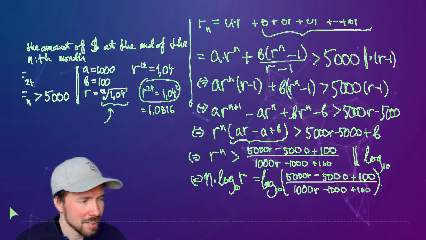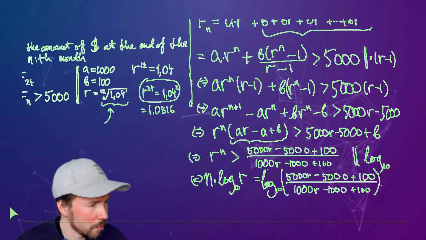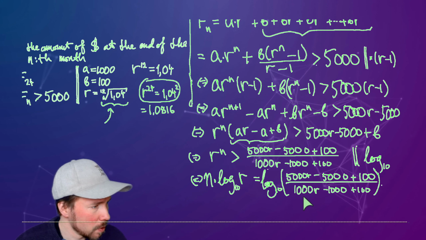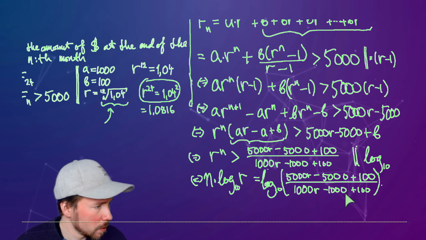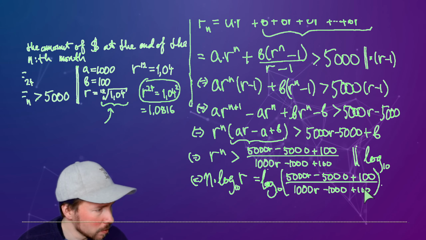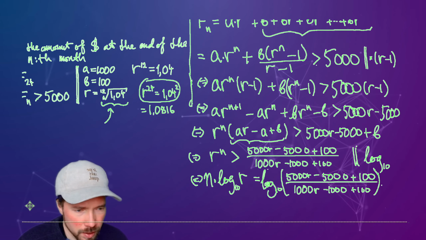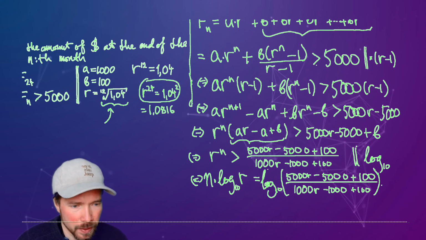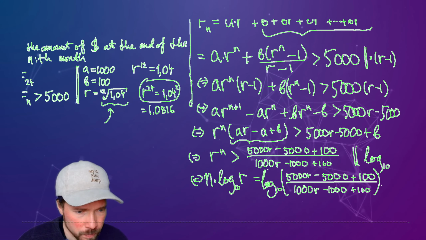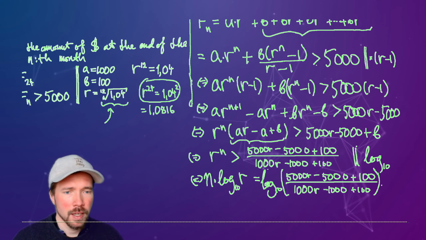We have 5,000, 1,000, 5,000, 1,000, but then we have 100 and 100, so it's not exactly 5 times bigger, so we can't really divide. Okay, so this is the expression.